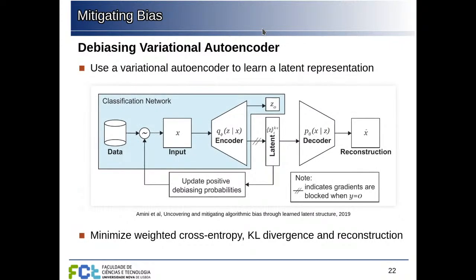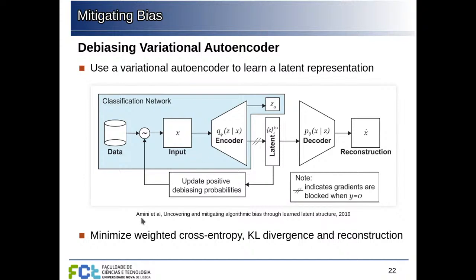Another approach is to use variational autoencoders. Remember, we talked a bit about this. Variational autoencoders provide a latent representation of our data with parameters for probability distributions, and also they are good at untangling different components of the features of our data in that manifold, in that latent representation that the autoencoder is creating.